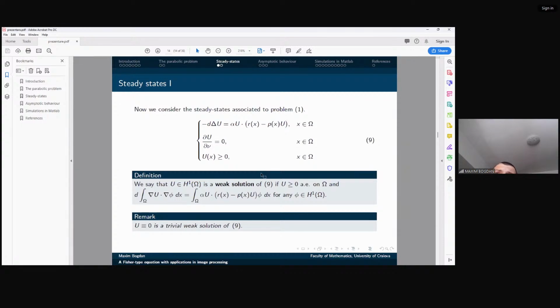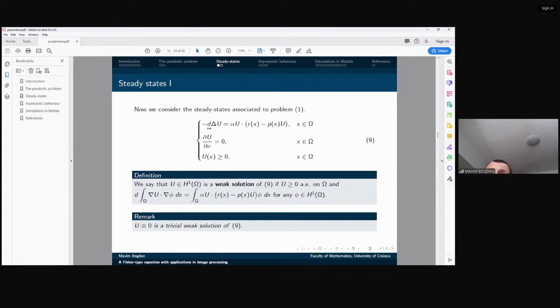The interesting part comes now because our parabolic equation 1 also has some steady states. So when t goes to infinity, when the time goes to infinity, I will prove that my image will be closer and closer to the solution of this equation, which is an elliptic equation.